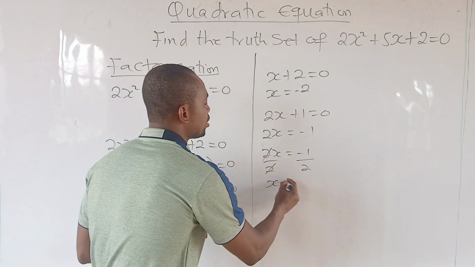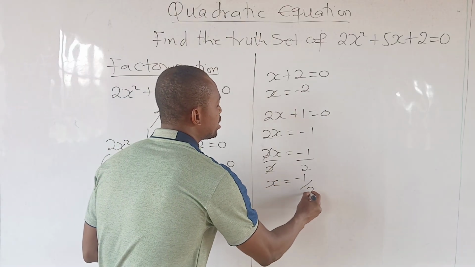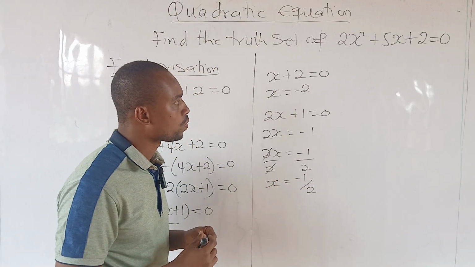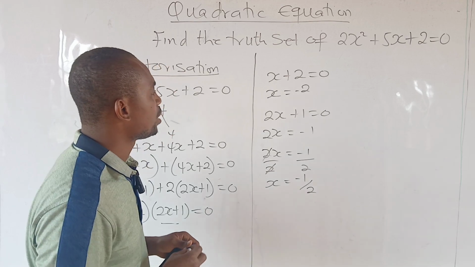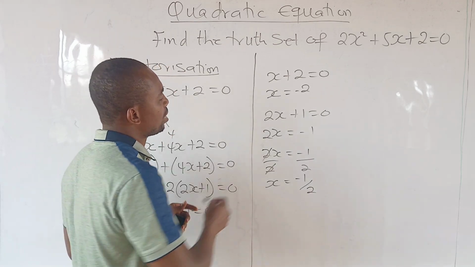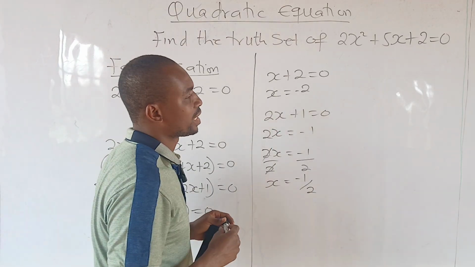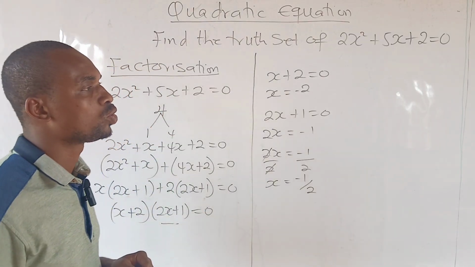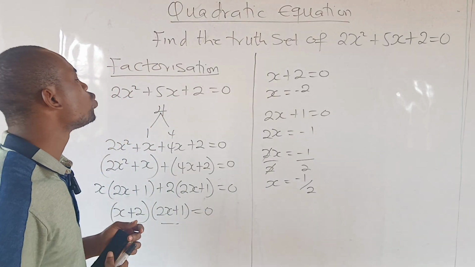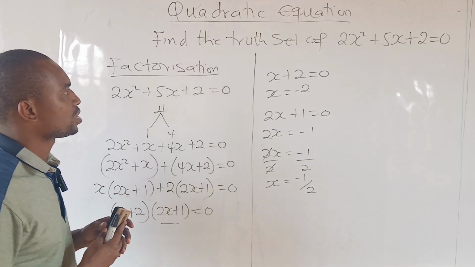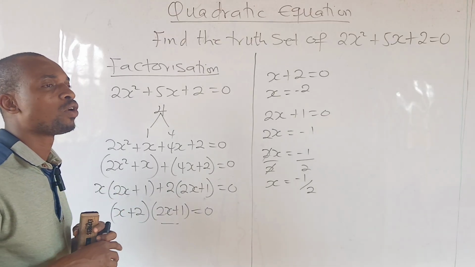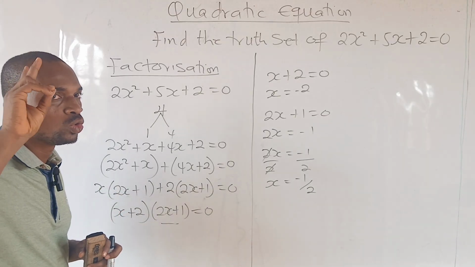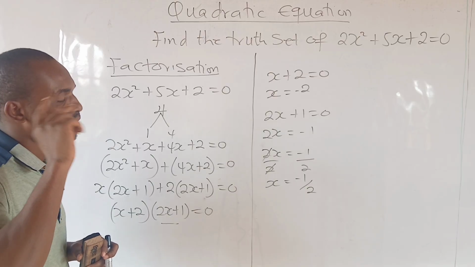So x is equal to negative 1 on 2. Now we know that one of our x is negative 2 and one of the x is negative 1 on 2. We are having these two answers because a quadratic involves a square, so there are always two values for x.